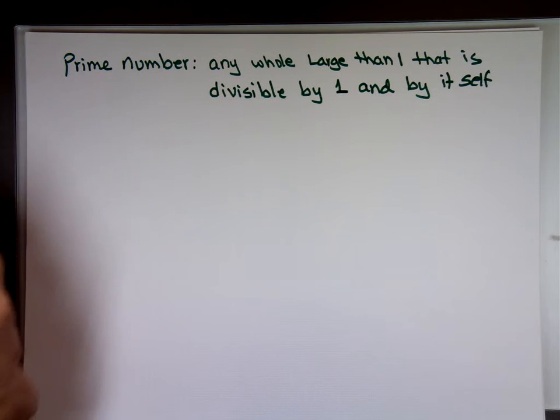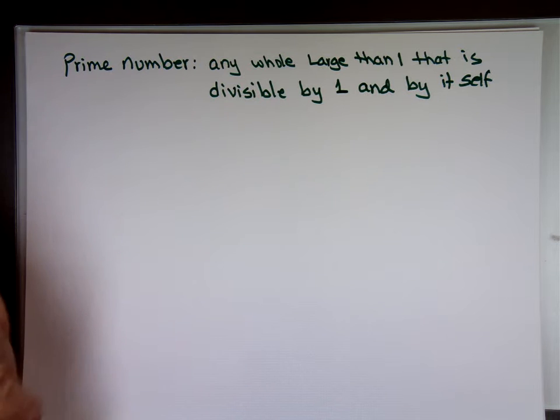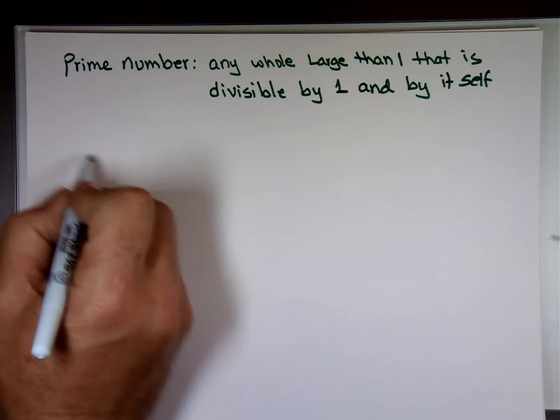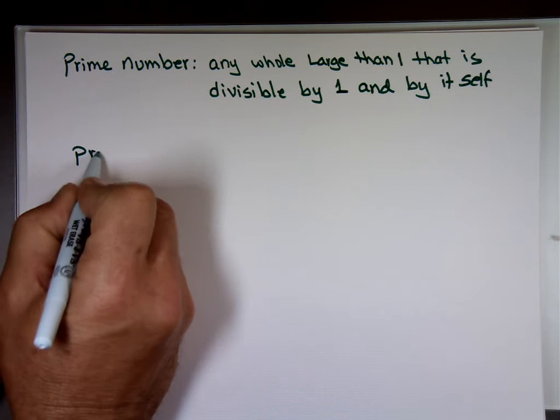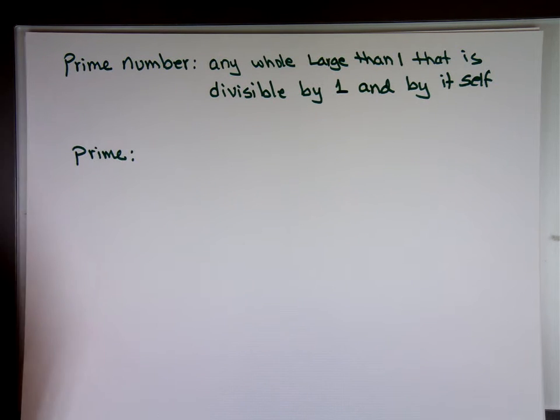By 1 and by itself. That's it. So let's take a list here. Prime. Any whole number larger than 1. Well, let's begin with the list.